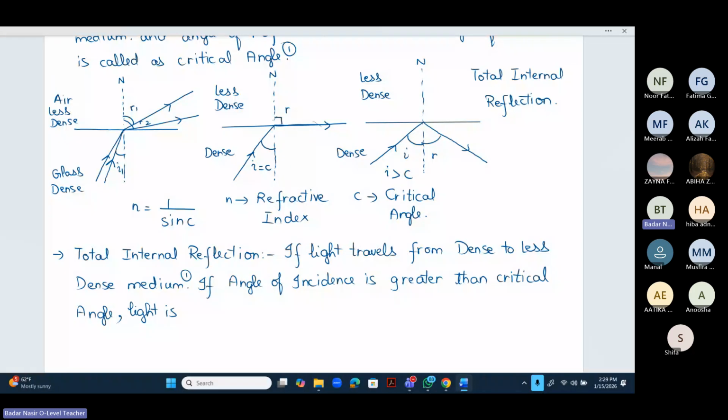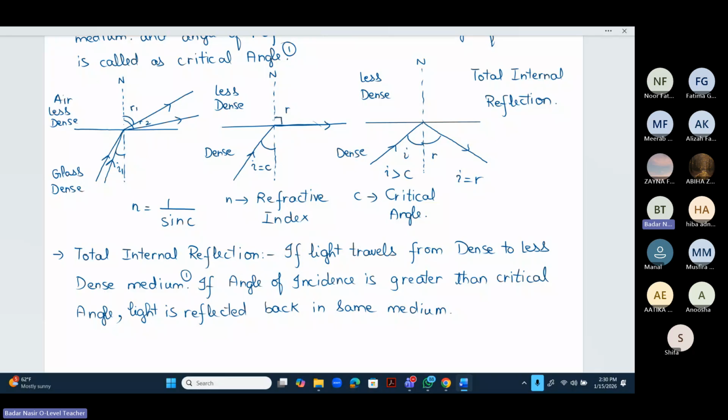So light is reflected back into the same medium and it will follow the laws of reflection, which is that the angle of incidence and the angle of reflection will be equal. So light is reflected back in same medium and this is called as the total internal reflection.